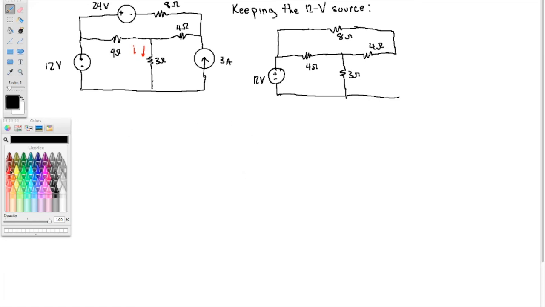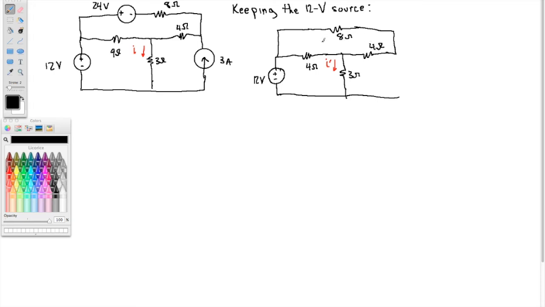So here now is our circuit, and we'll call this I prime. We need to find I prime. The great thing now is, first of all, there's no mesh over here, so the 8 ohm resistor and the 4 ohm resistor are effectively in series, and they make 12 ohms.